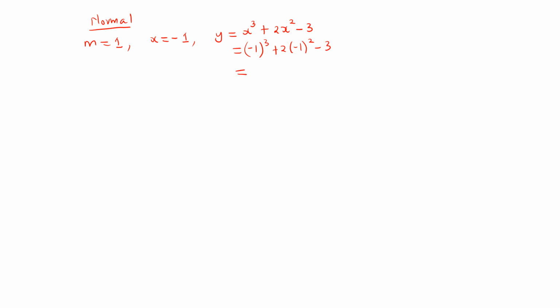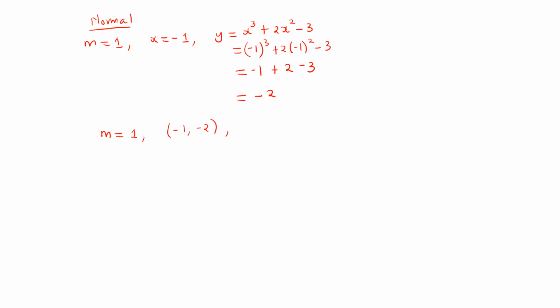So if we simplify this, we have -1 cubic, which is -1, plus 2 multiplied by -1 squared. So -1 squared is +1, multiplied by 2 we get 2, then minus 3. So -1 plus 2 minus 3 should give us -2. Therefore, we have the gradient as +1 and the coordinates as -1, -2.